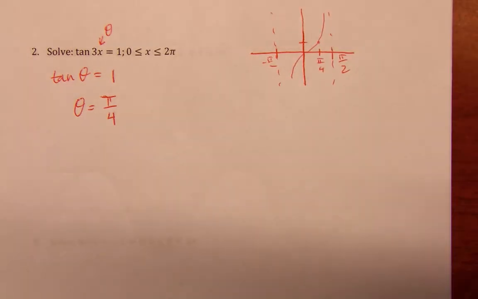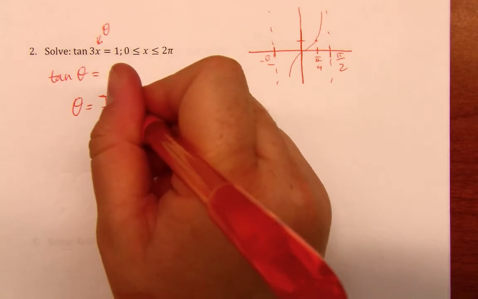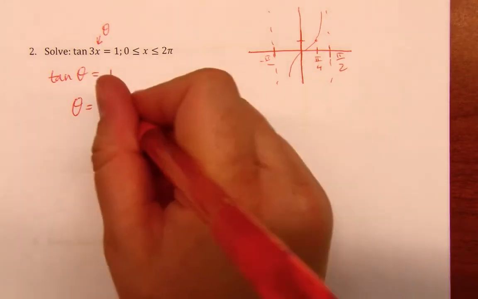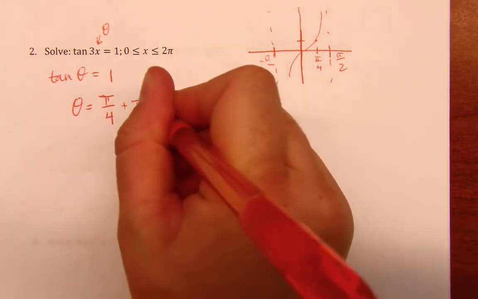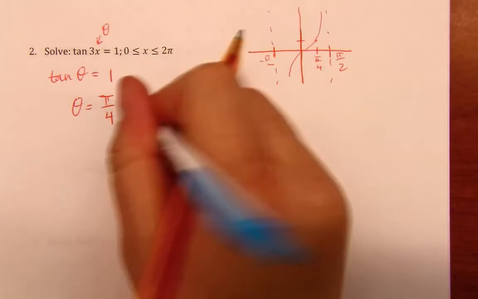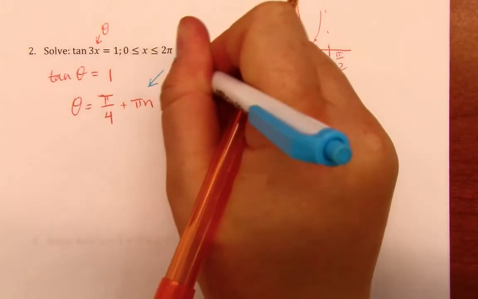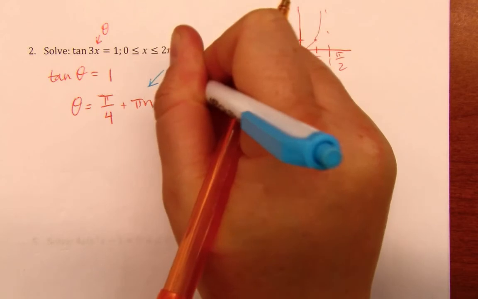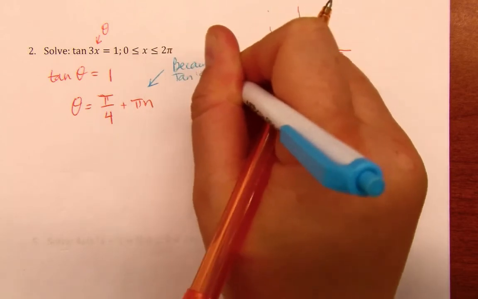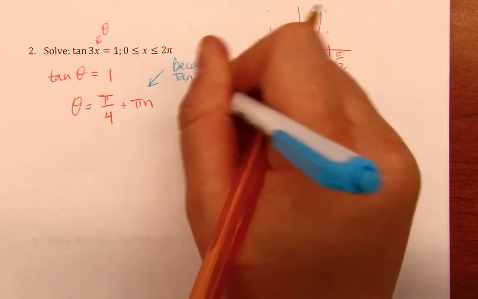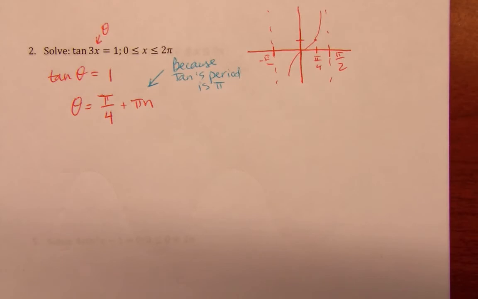Okay. And what we're going to do is write plus pi n. Now remember, we're writing pi n here because tangent's period is pi, instead of 2 pi n.